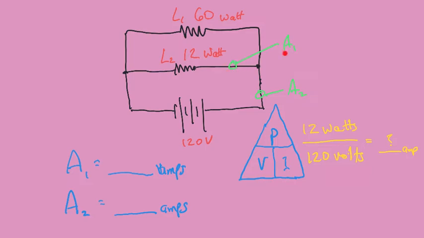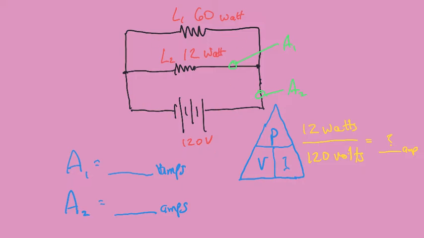In other words, if we hooked up an ammeter right here, and so we're only looking at this resistance, this light bulb here, which is 12 watts. And we know that the voltage, the EMF, the voltage being pushed through the circuit, is 120 volts.